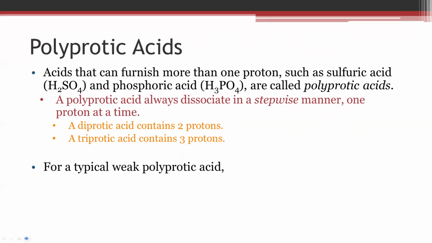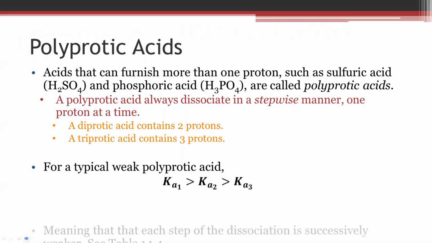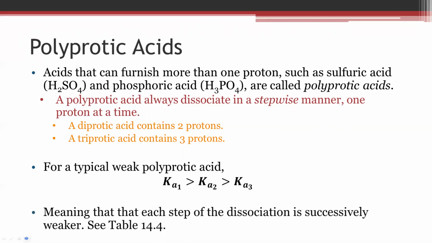I don't really think that we have more than 3 acidic protons, but for a typical weak polyprotic acid, you will have multiple Ka values. And so the 1, the 2, the 3 depend on how many you have. Normally we have 1, so this doesn't matter, but if you have something like sulfuric acid, you will have 2, and if you have something like phosphoric acid, you will have 3 Ka values.